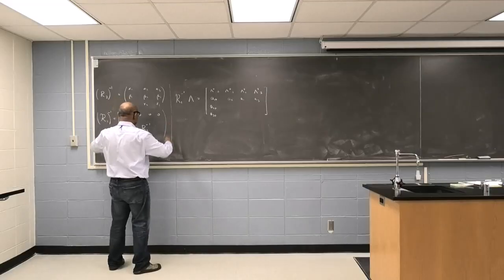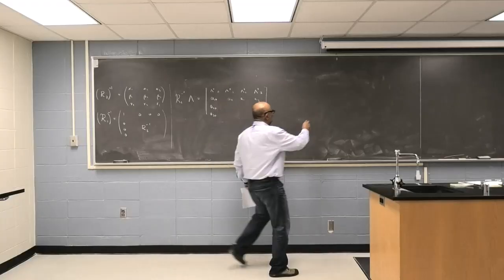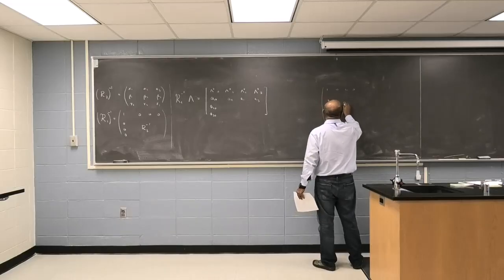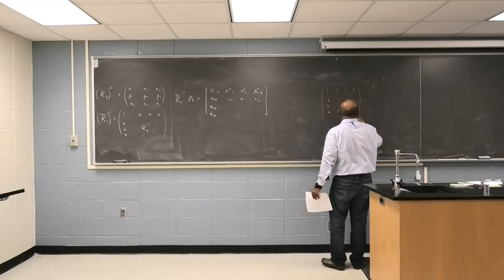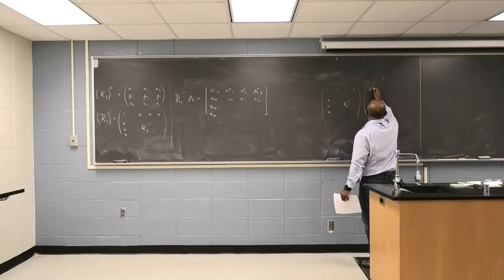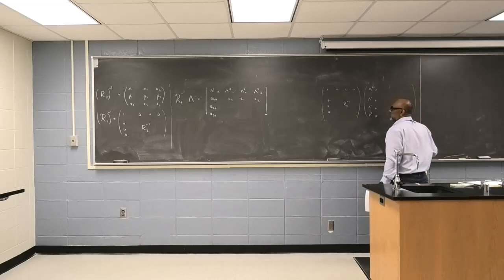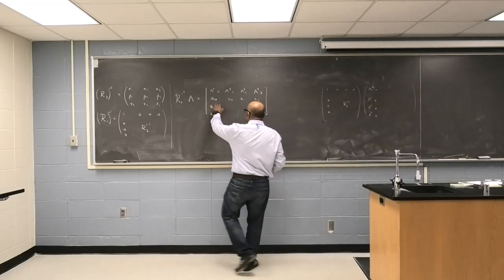See? I'm going to have to erase this, but let's do this. 1, 0, 0, 0, 0, 0, 0, R2 inverse, lambda 0, 0, lambda 1, 0, lambda 2, and we'll fill this up as needed. And there's stuff over there. What's the very first entry?